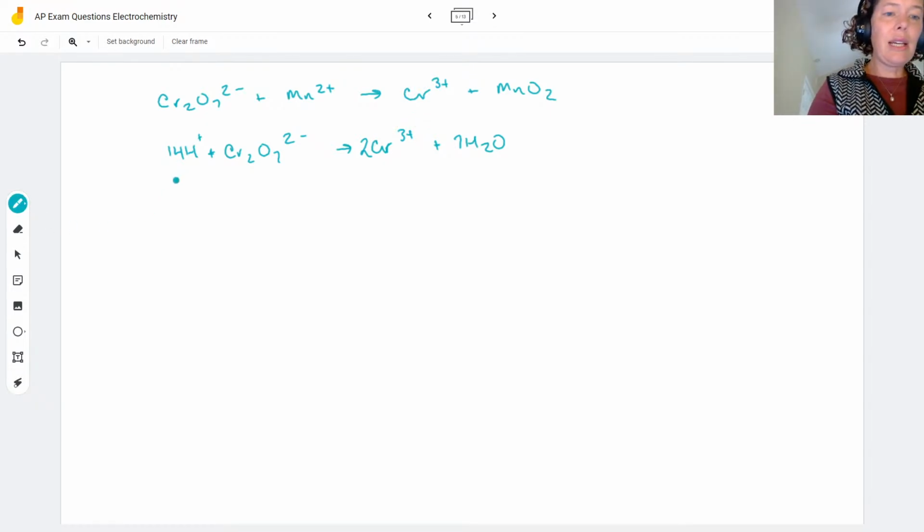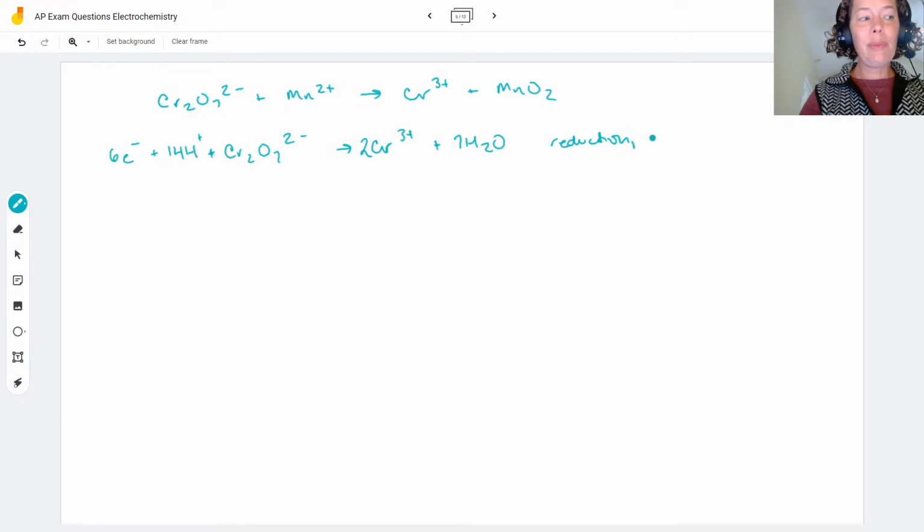So I need 6 electrons on this side. So this is my balanced half reaction for my dichromate going to my chromium 3. You'll see that the electrons are on the reactant side, on the left-hand side, so this is a reduction, which means this is our cathode.